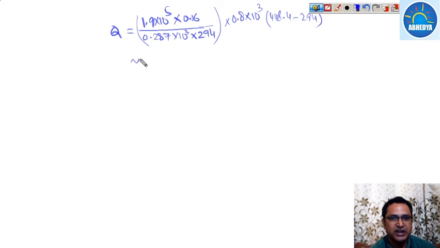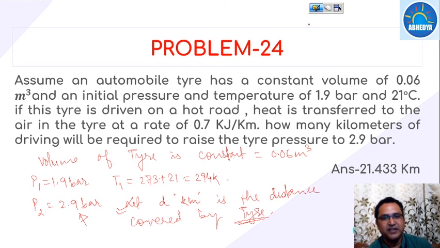Once you calculate, you will get the approximate value of Q as 16.7 kilojoule. So this much heat has been transferred.